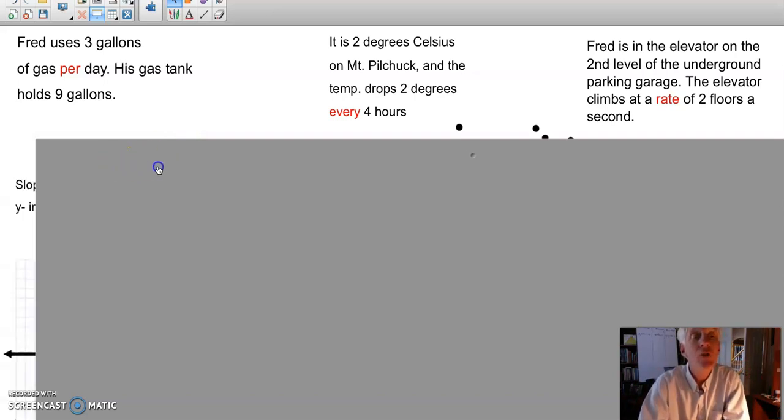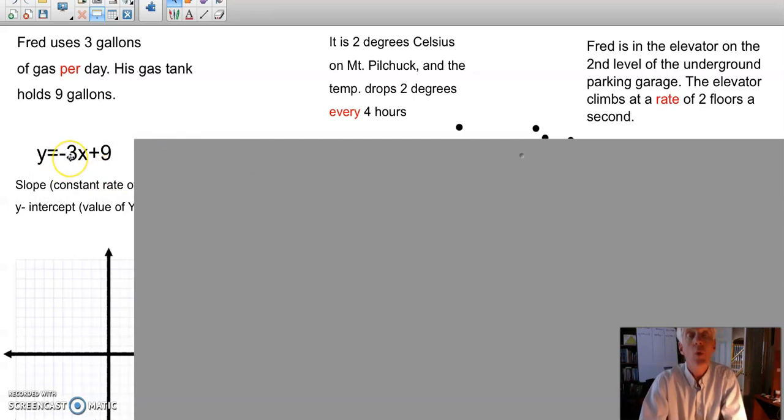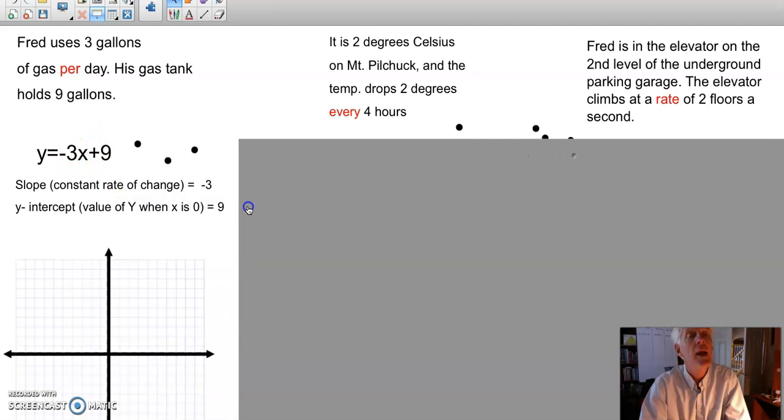That would be an equation of y equals minus 3x plus 9, because minus 3x is the rate, and 9 is the starting point. So the slope is minus 3, and the y-intercept is 9. So we go from the story to understanding the situation, to putting it into an equation, and to identifying what the slope and y-intercept are.